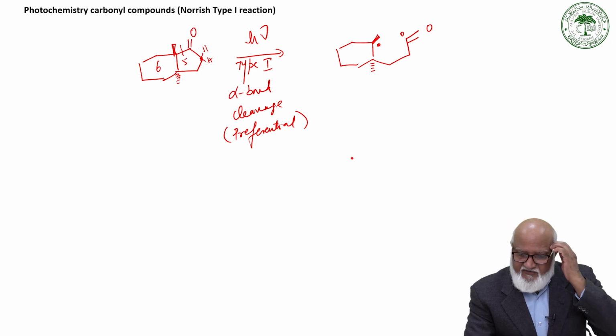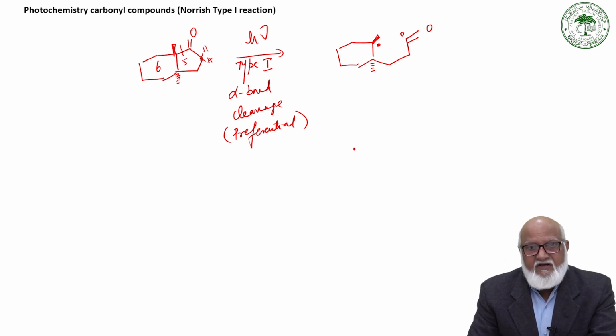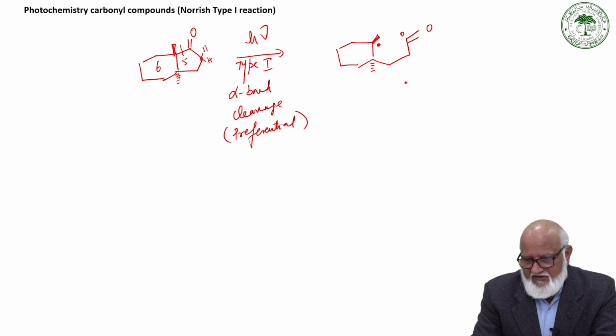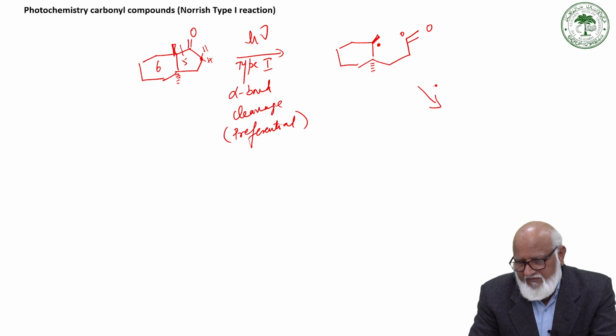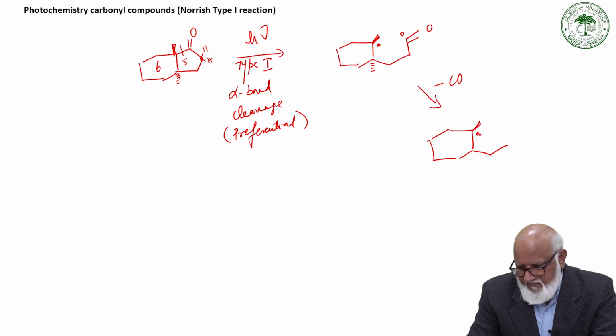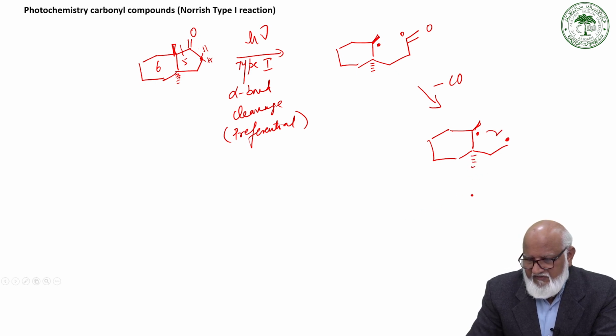So preferential alpha bond cleavage is the first step in the generation of a carbon-centered radical, and then this will lead to, 1, 2, 3, 4, maybe, I don't know how feasible it is, but on paper, minus CO, decarbonylation, to give this one, and this will combine, of course. It may give a 4-membered ring.